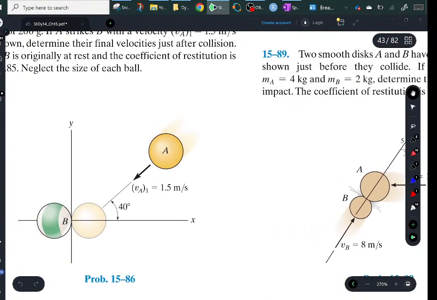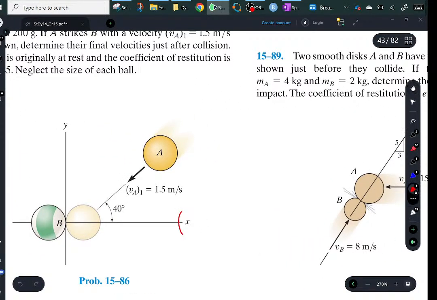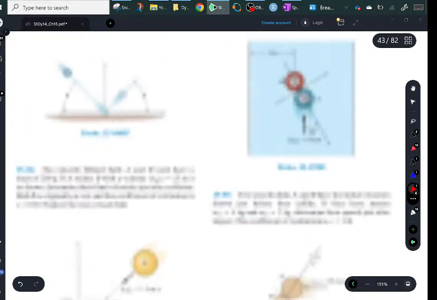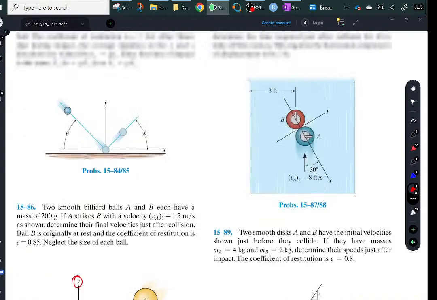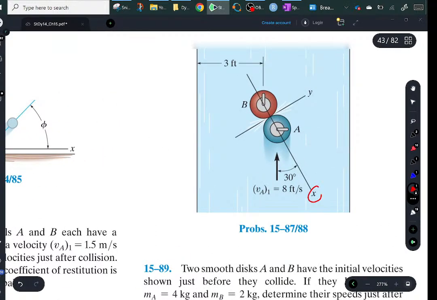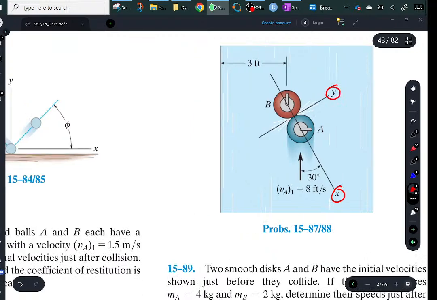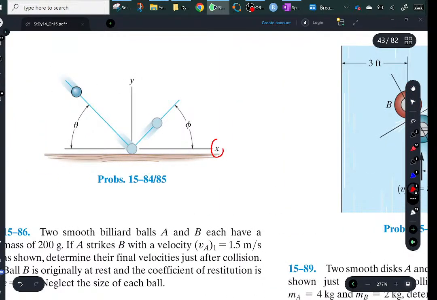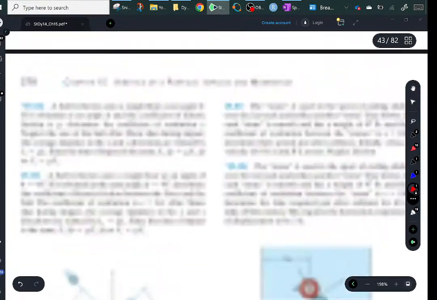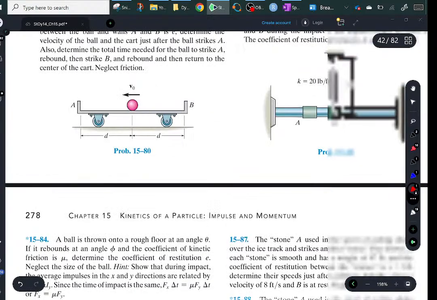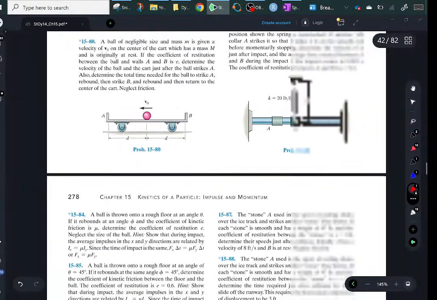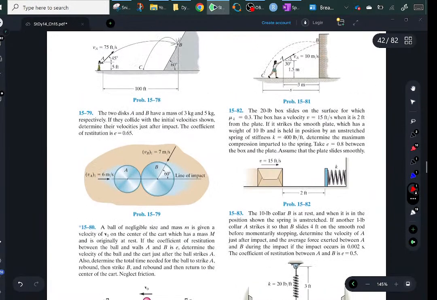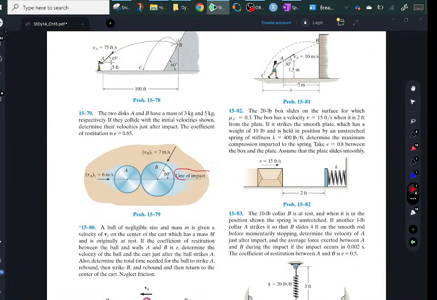Now, if I go back and look at the book, these others, if you notice, he gave you the x and y, and that's the reason I picked this one. This one, he gives you an indication that that's what you want to do. Here's your x and your y. This one's hitting a wall, an x and a y. So I wanted to pick one that didn't give that.